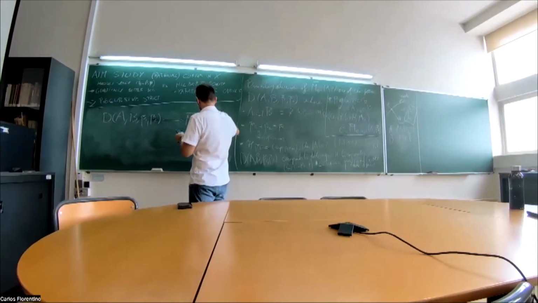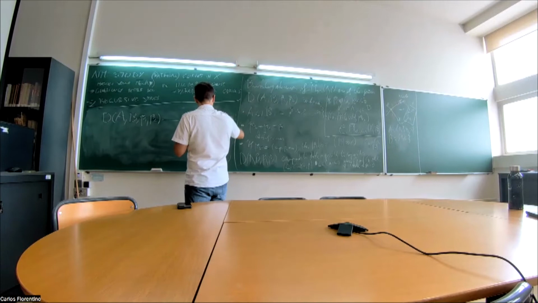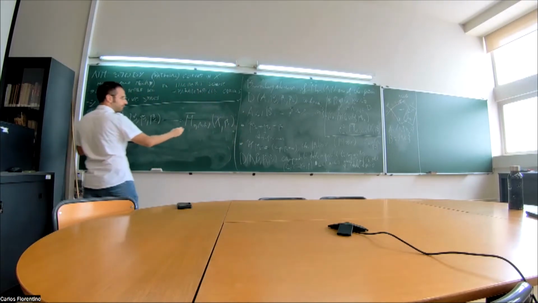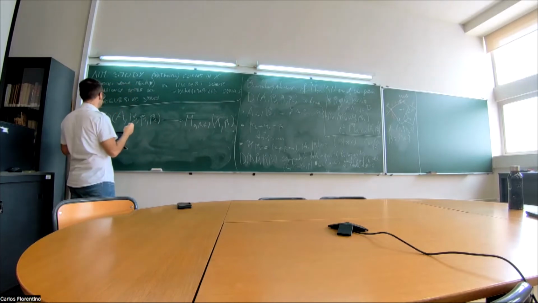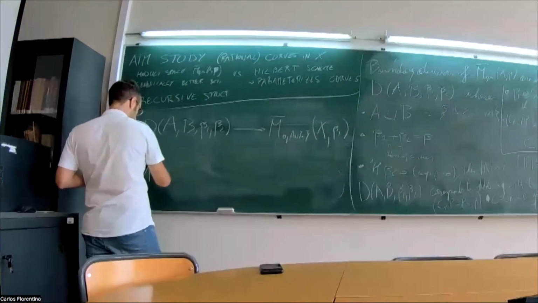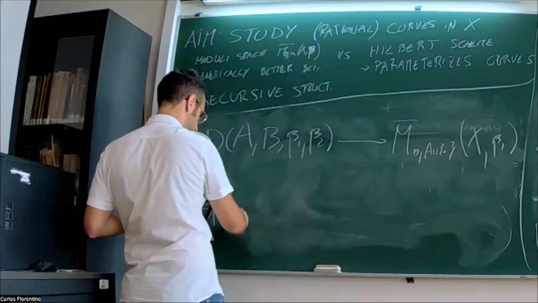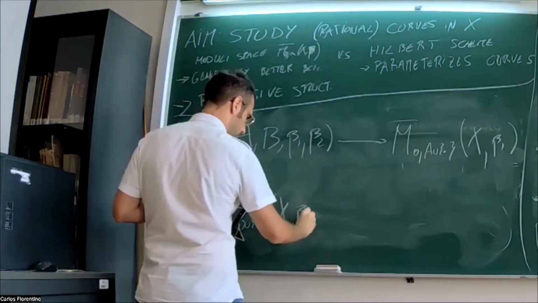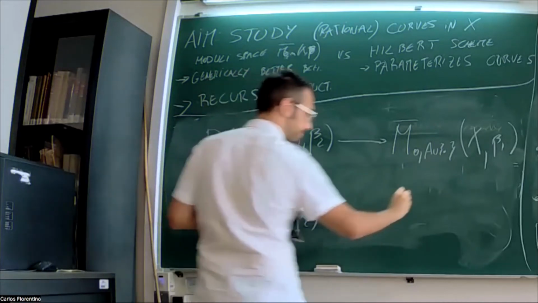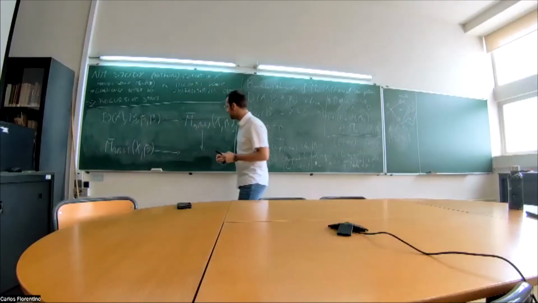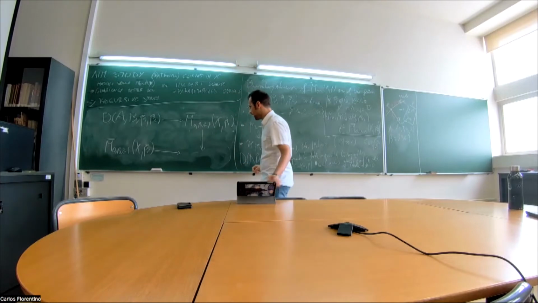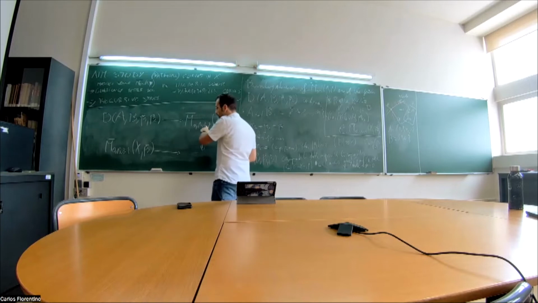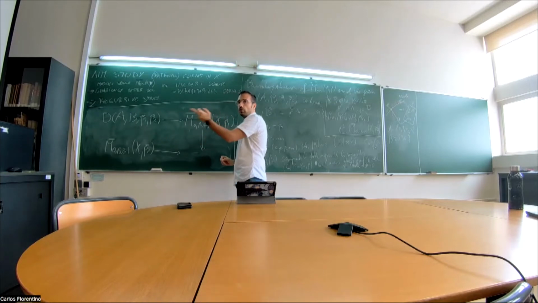So I have, okay, I added one marked point to A. So this marked point is not between 1 and n.